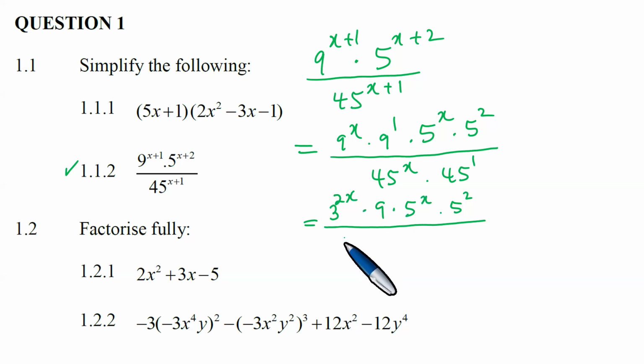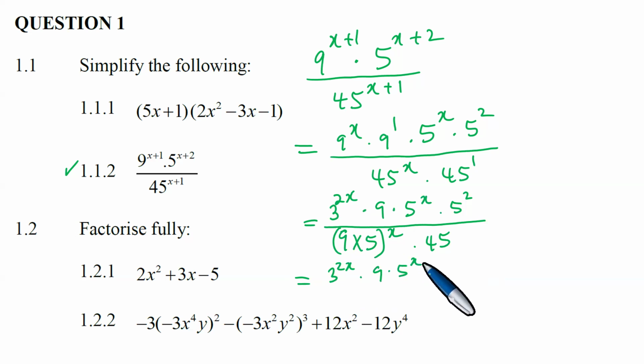So now 45 is the same as 9 times 5. That is 45. 45 is the same as 9 times 5, all to the power of x, times 45. Like so. Giving us 3 to the power of 2x, times 9, times 5 to the power of x, times 5 squared, all over.